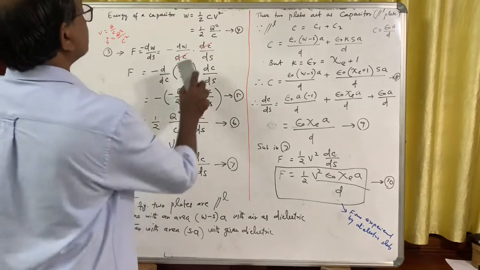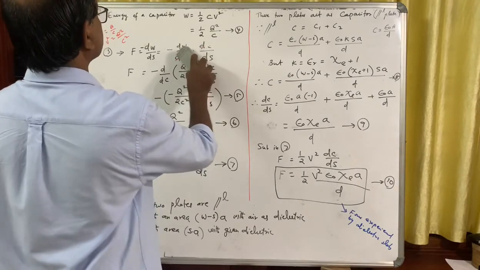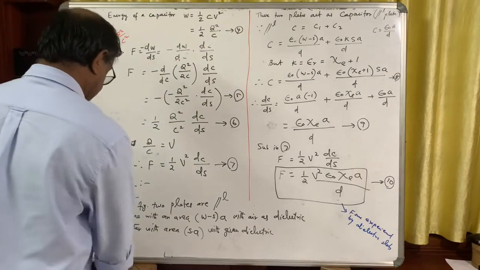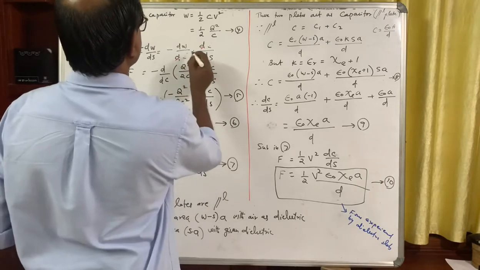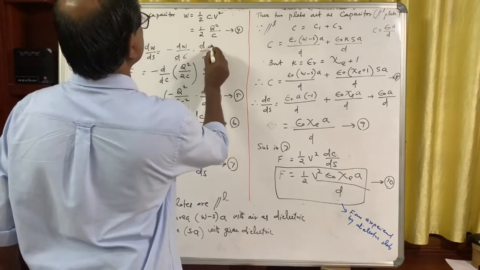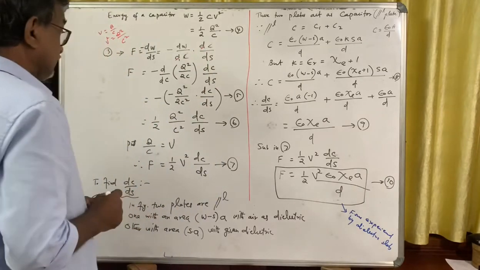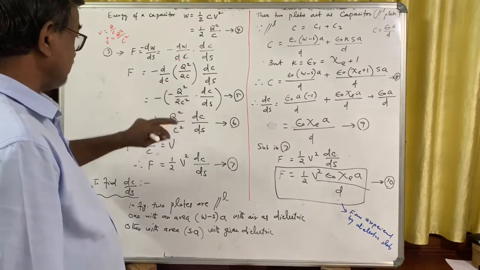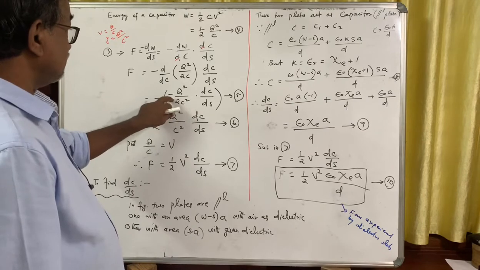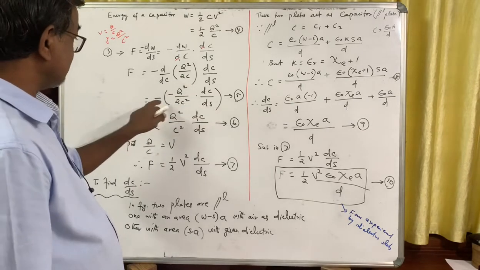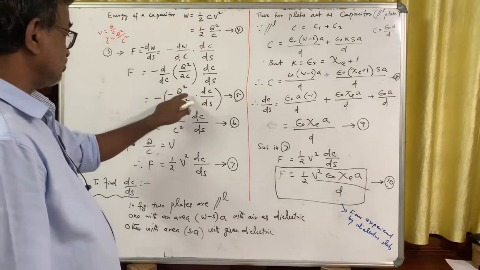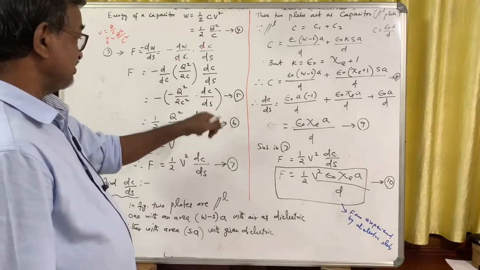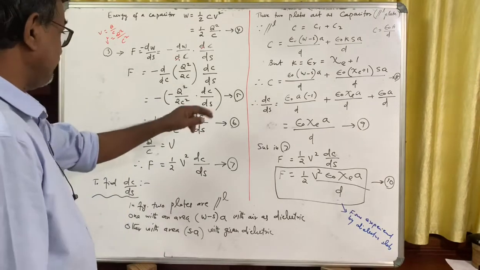Differentiating this with respect to C, we get this term, and dC by ds is here. So minus of minus Q square by 2C square into dC by ds, equation number 5.